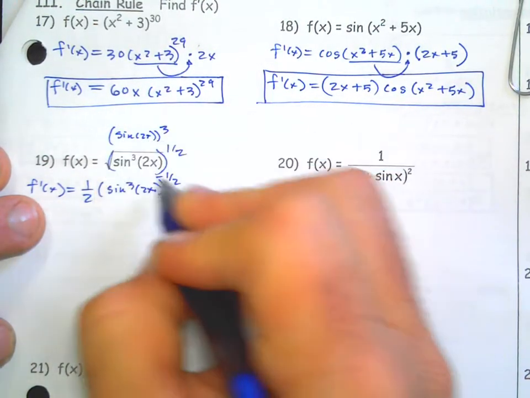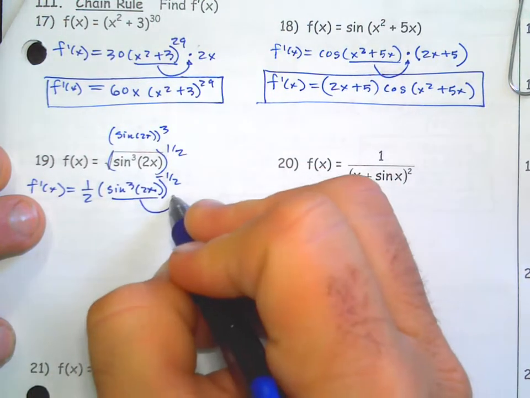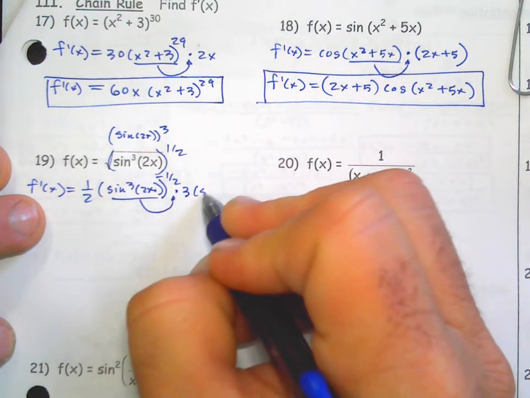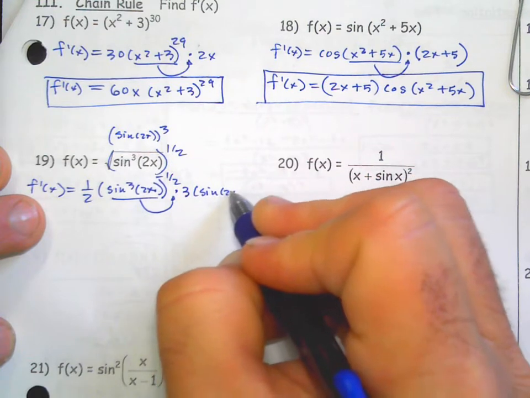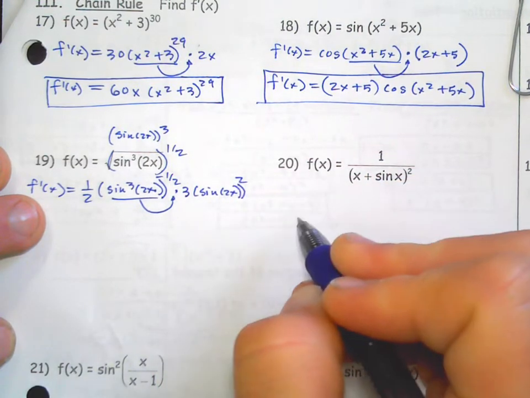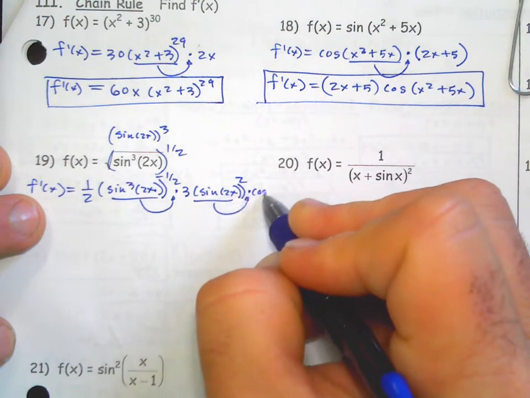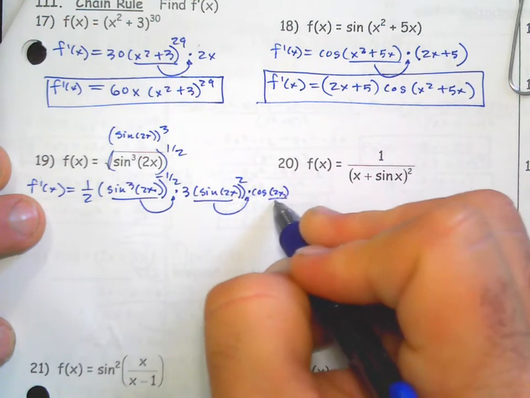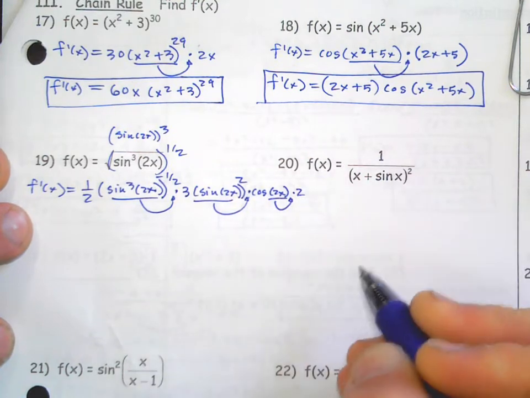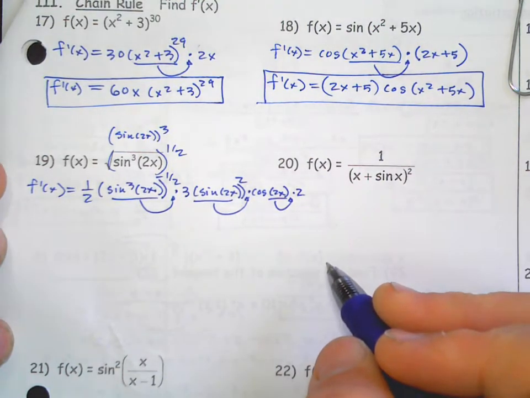So be careful, the cubed is the next rule. And then the sine 2x stays the same, and you lower the power. And then the derivative of the sine is cosine, and the inside of it stays the same. And then the derivative of 2x is 2. Oh my gosh, how many layers of chain rule do we have right there?